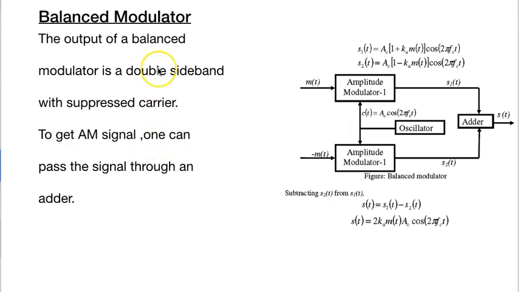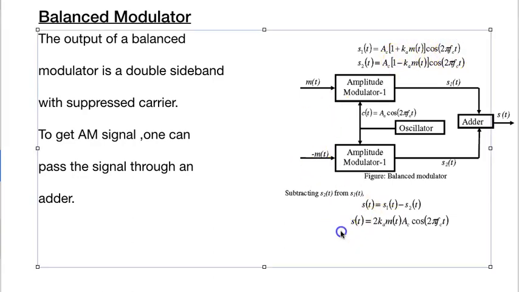Okay, now the balance modulator. Balance modulator is a simple modulator which consists of 2 modulators and an adder. In the first modulator, you are getting S1(t) equals AC (1 plus K m(t)) cos 2 pi FC t.